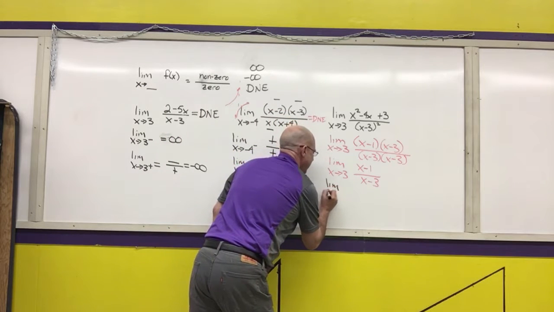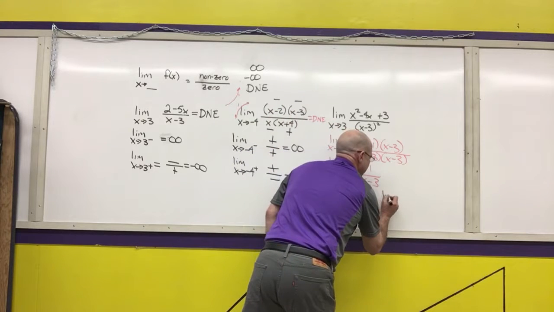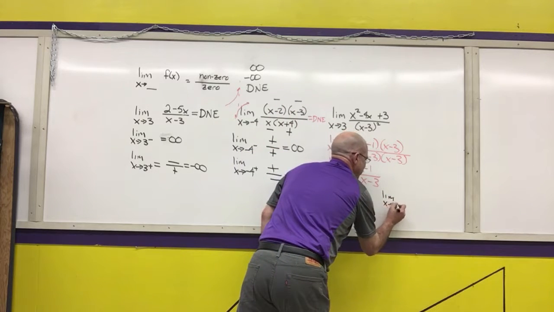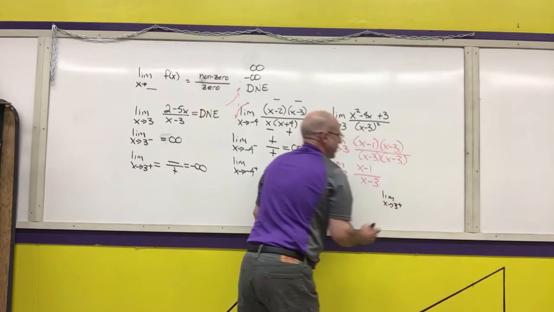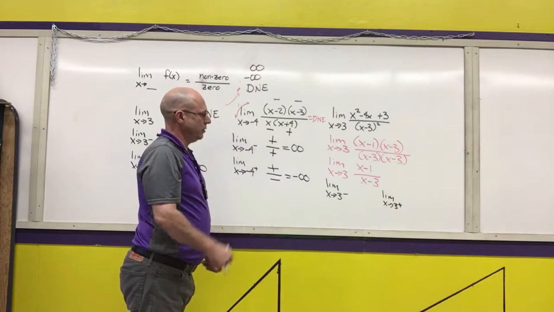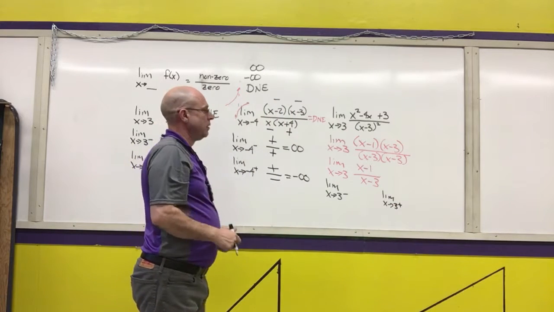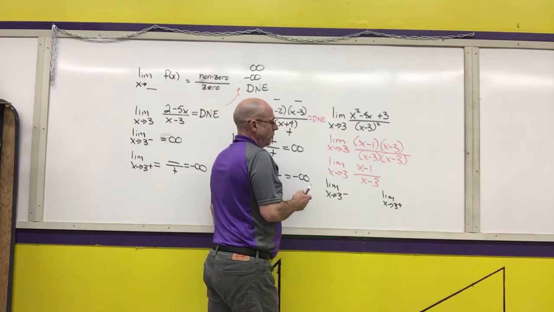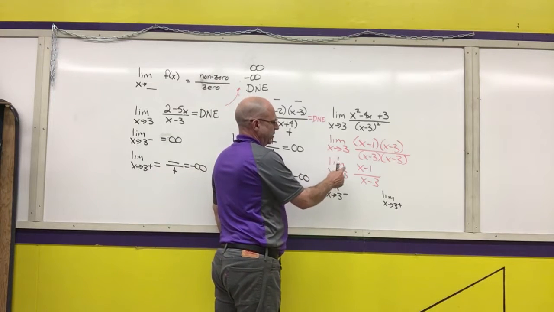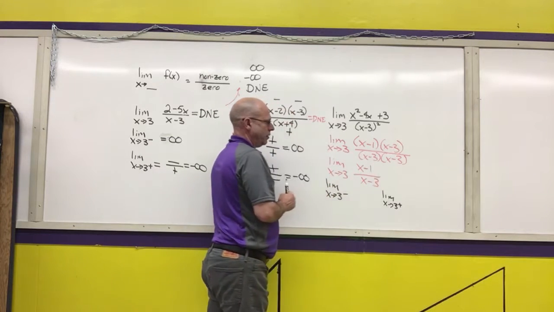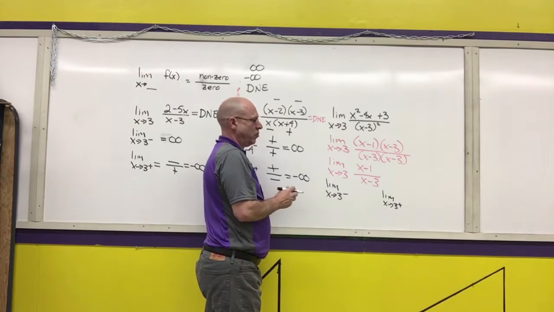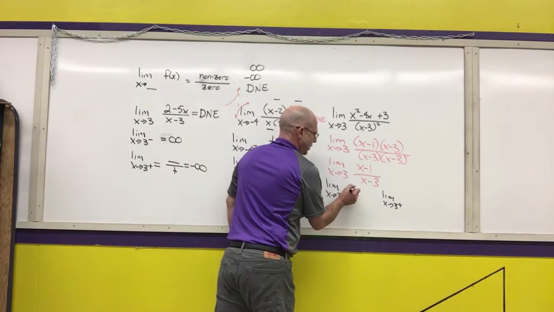So we need two limits. The limit as x approaches 3 from the left, and the limit as x approaches 3 from the right. And we are going to analyze this function. And what we get is 2 minus 1, which is positive.